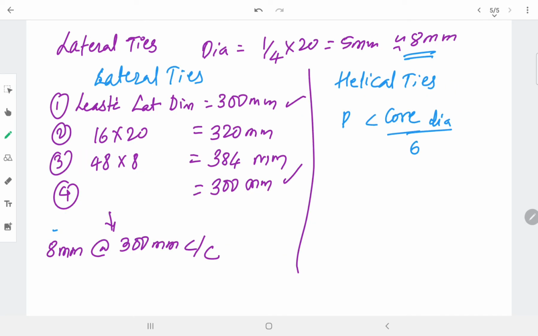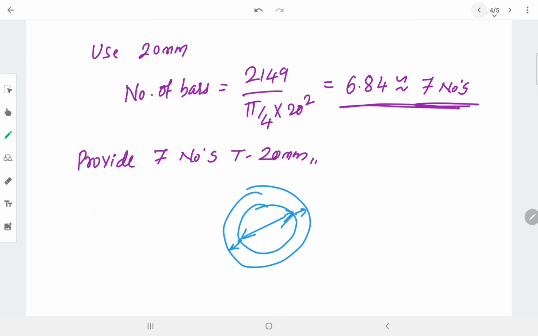So if you take 30 mm cover on either side, the total will be 300 minus 30, it is 240, divided by 6.